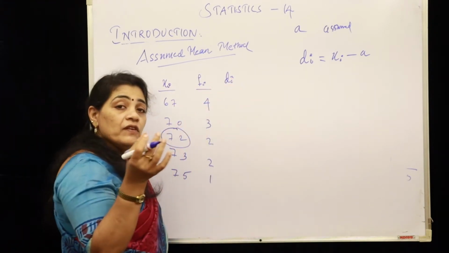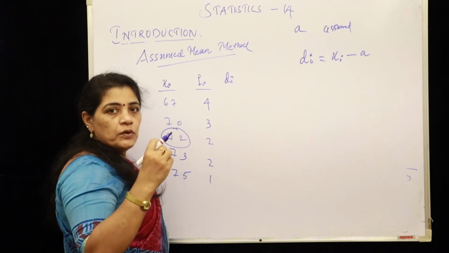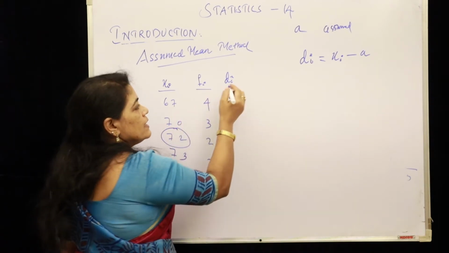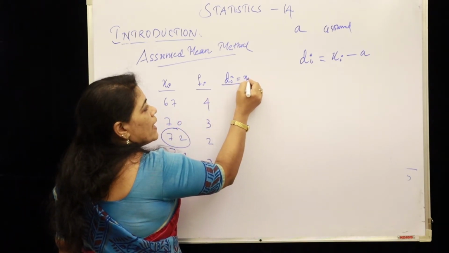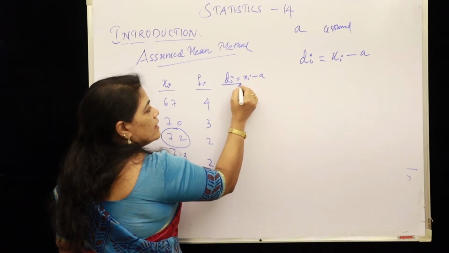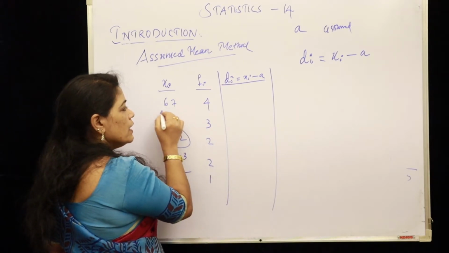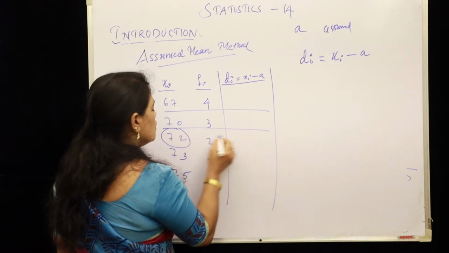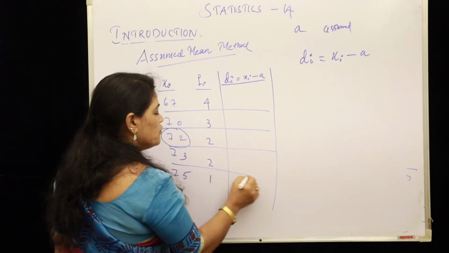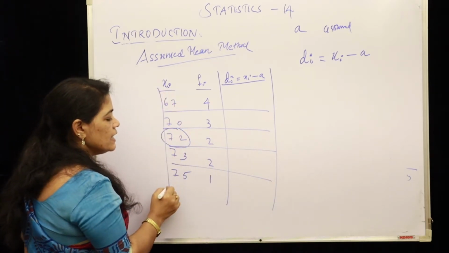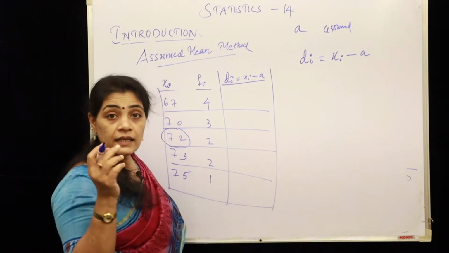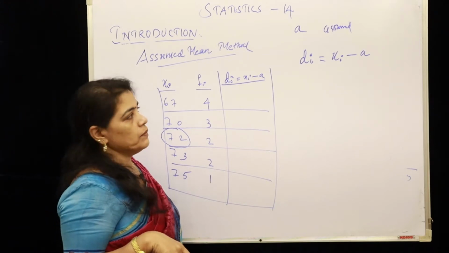You have to take deviations from this assumed mean, that is xi minus a is di. So we are going to find the difference between each xi and the assumed mean.